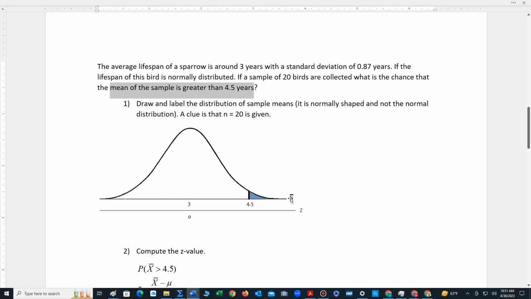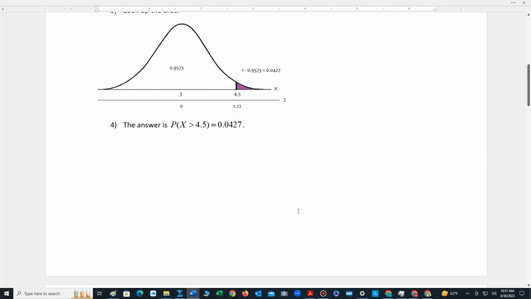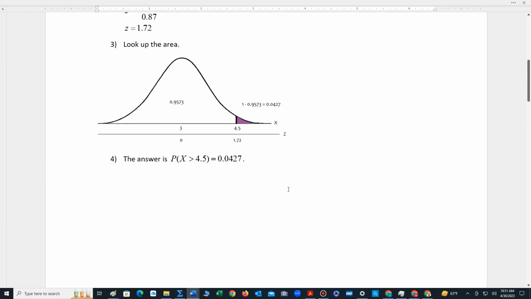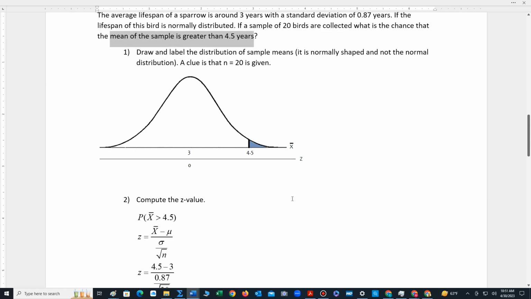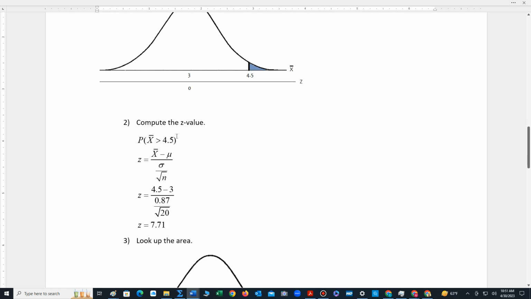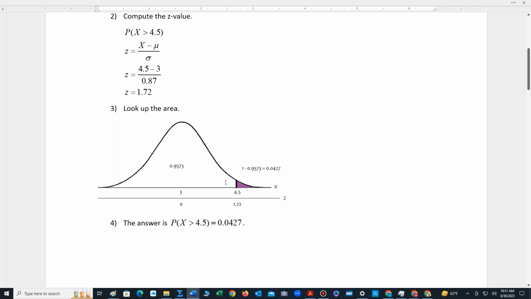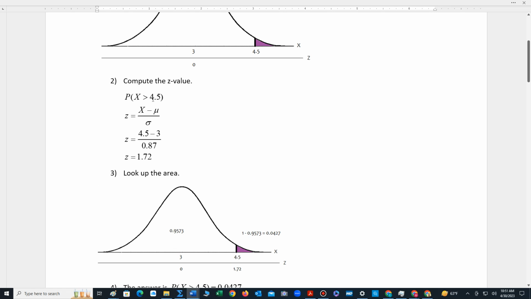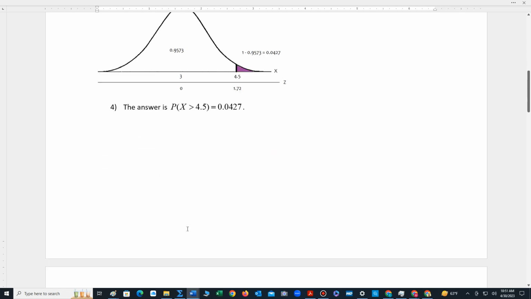And we represent this distribution or highlight it with the notation x bar, which is different than having the x value. So that's another clue. And also when we phrase the question, we're looking for the probability that the sample mean is greater than 4.5. Whereas in our previous problem, we had the data value is greater than 4.5.